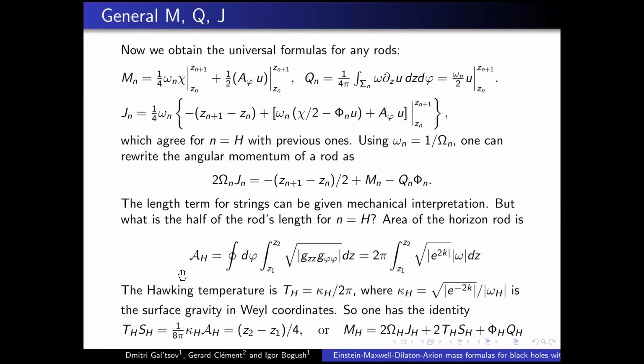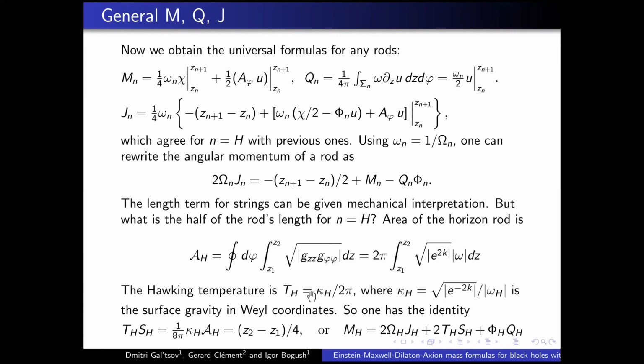And this length term, in the case of a true black hole, can be shown to be equal to the product of the surface gravity and the area. It's just mathematically the same. But for strings and other objects, we do not have such necessity, because we have to justify the entropy from physics first of all. So I would prefer to leave it as it is for Misner strings, for instance.